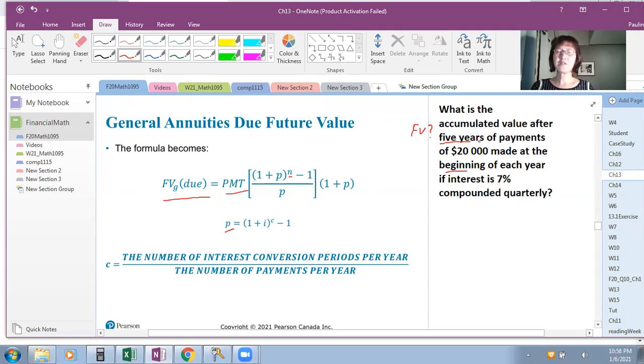5-year payment means N equals 5. Interest compounded quarterly means CY equals 4.